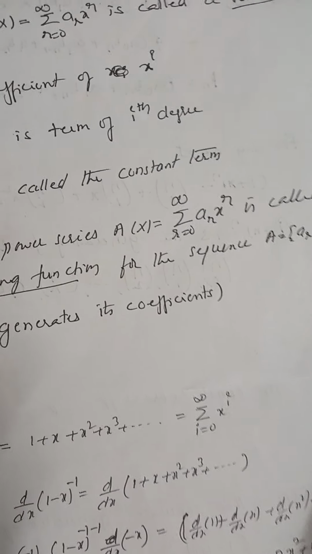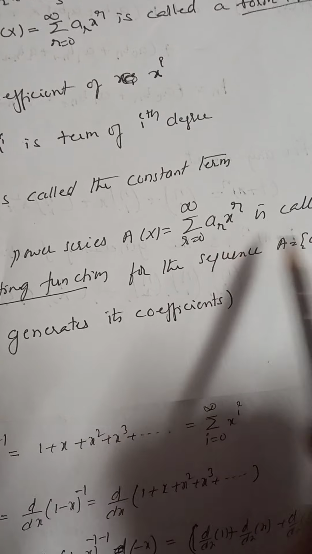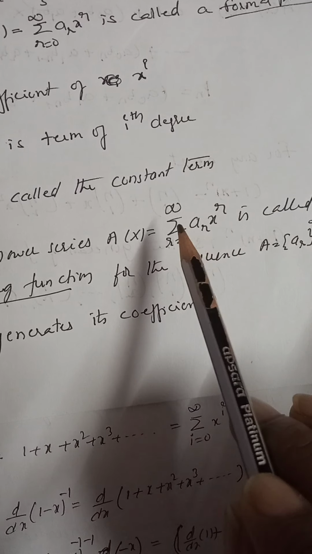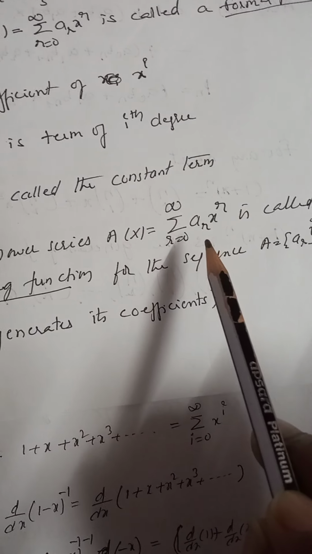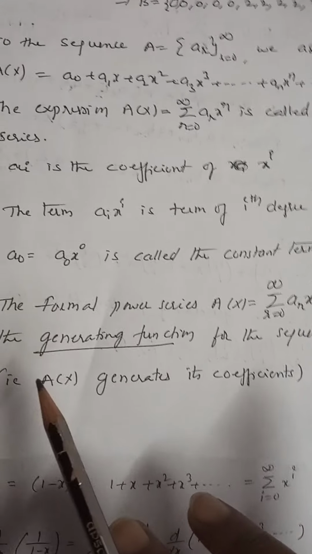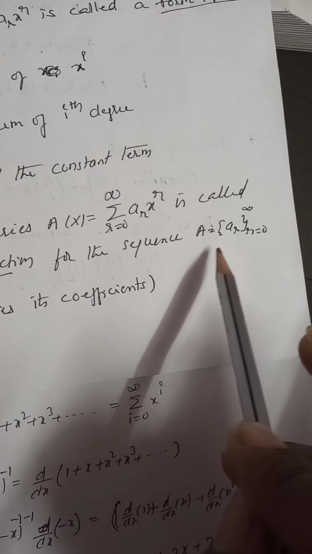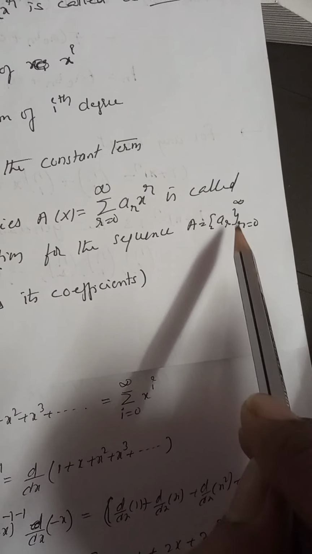Once again we are writing the same thing. In the first page, page number 1, this is called formal power series. A of x is equal to summation r running from 0 to infinity ar x power r, or the ar x to the power of r is called the generating function for the sequence A equal to ar, r running from 0 to infinity.